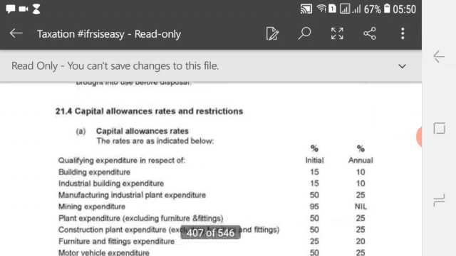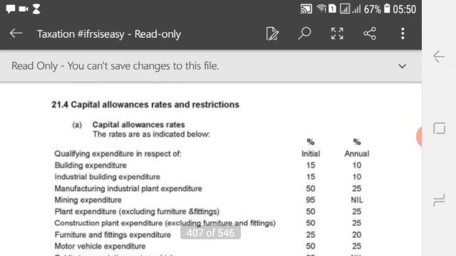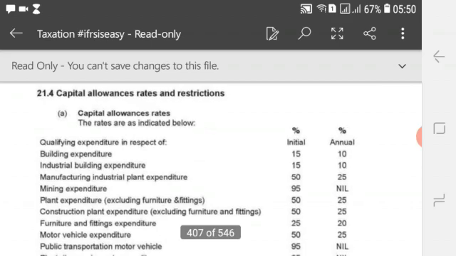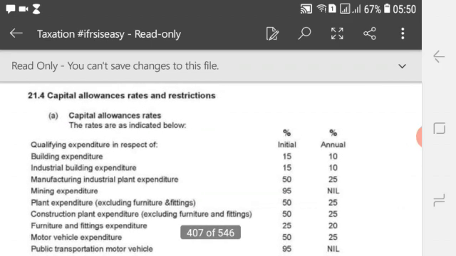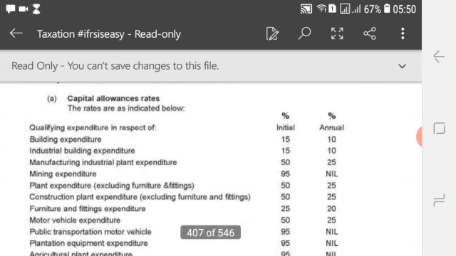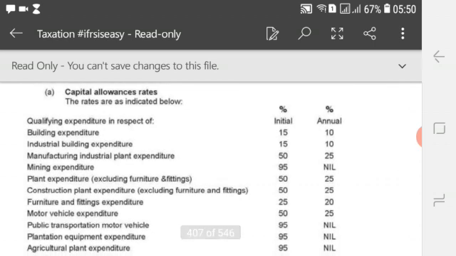Then we'll have the capital allowance rates, and we also have the restrictions. Below, what we are seeing now is the capital allowance rate in percentage. Here we'll have the first one, which is initial, and the other one is annual.